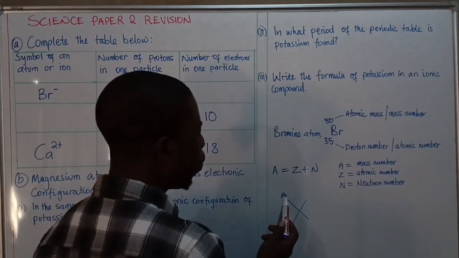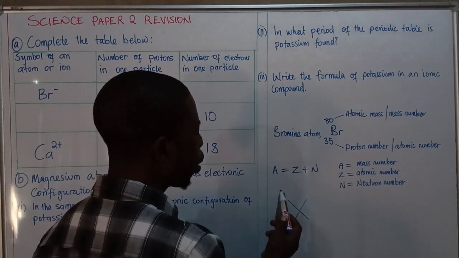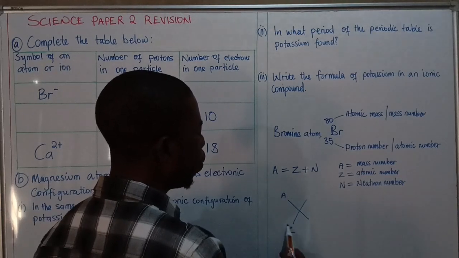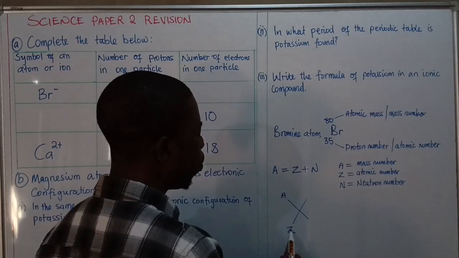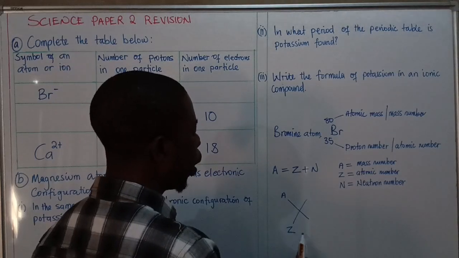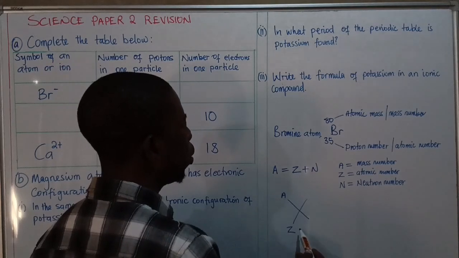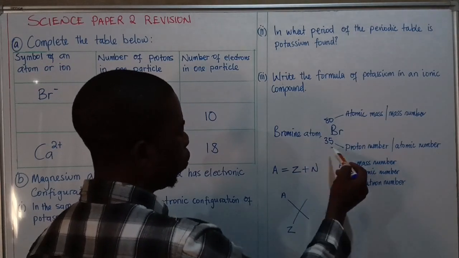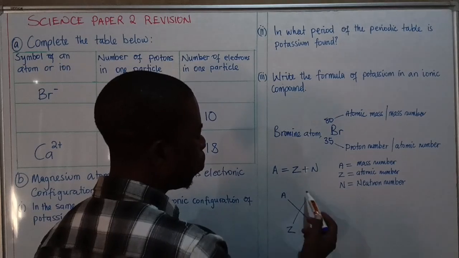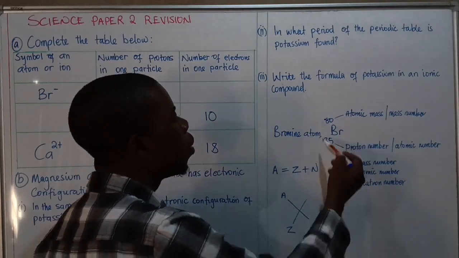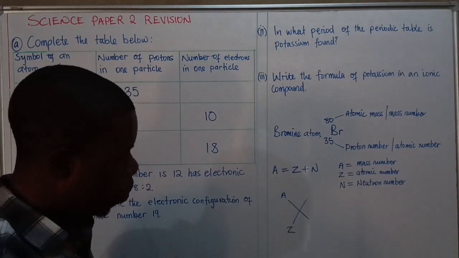And then the value they put here stands for atomic mass or mass number. Then the value they put here stands for proton number or atomic number. So when you understand this representation or roadmap, it can help you to interpret this information there.